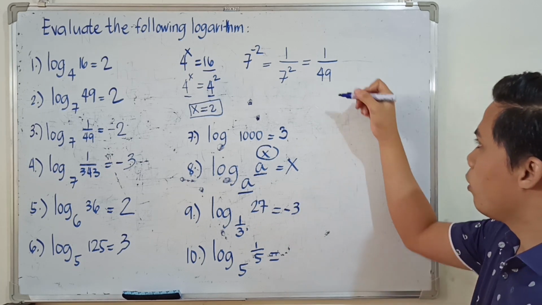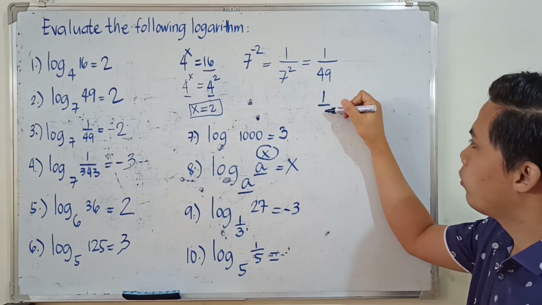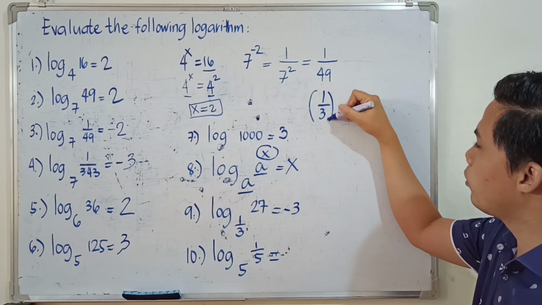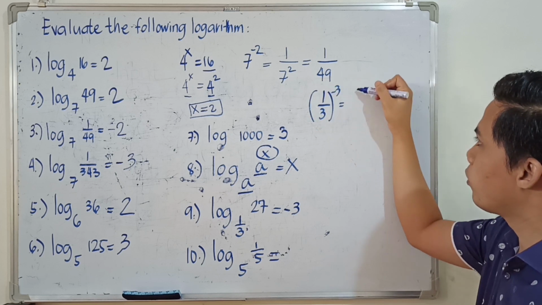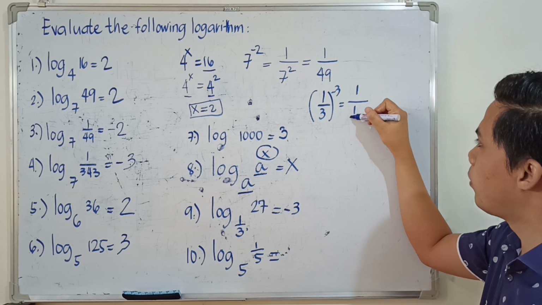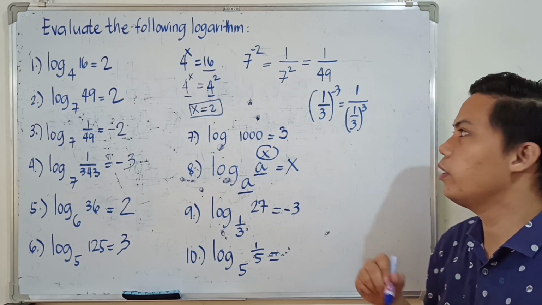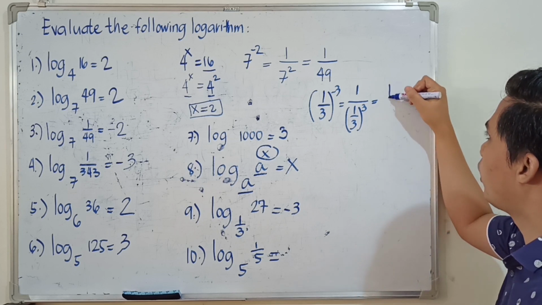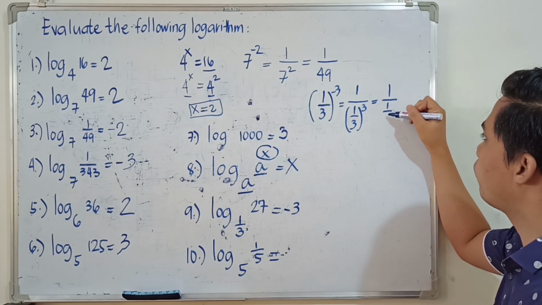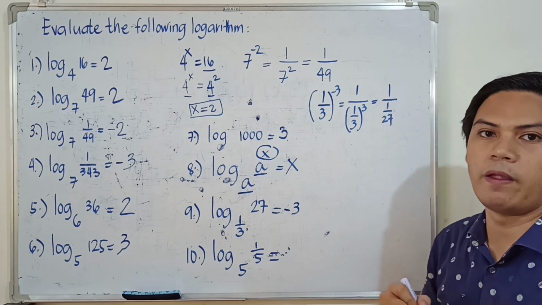Okay, to check, 1/3 raised to negative 3. So again, we can place that 1 sa baba. Then we will have 1 over 27.